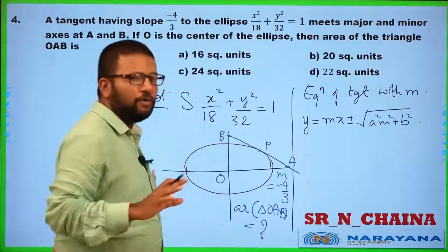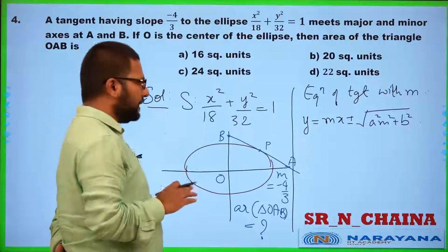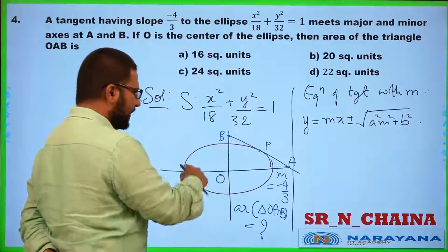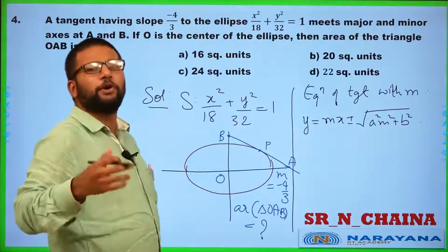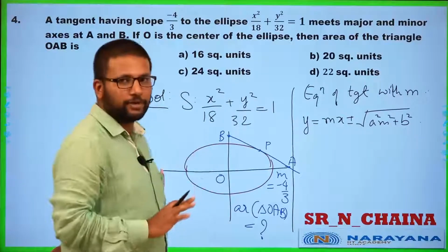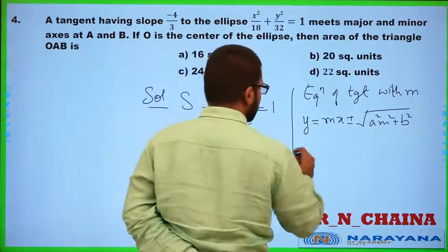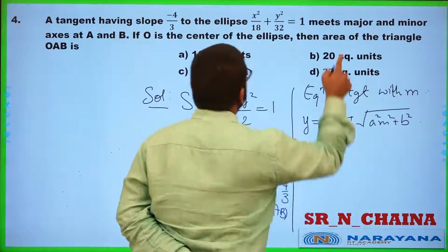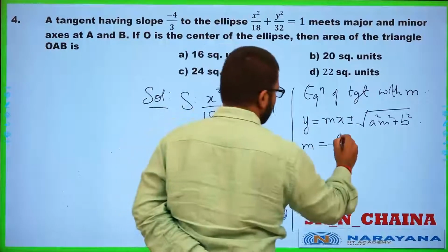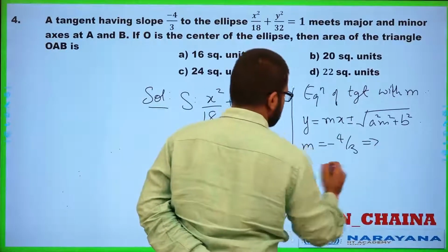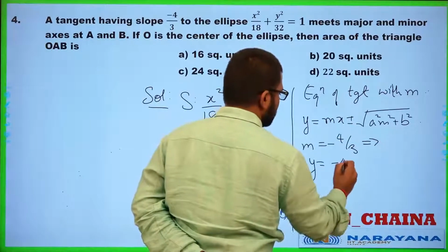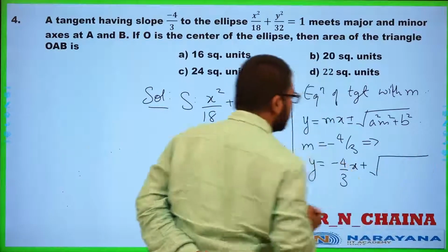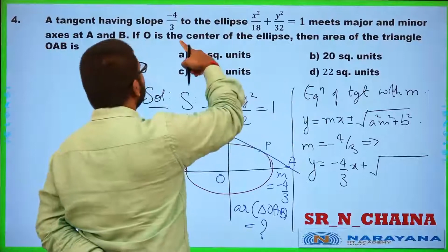Now we will take only plus and not minus, because even if it was the other tangent, the area is going to be the same. Out of pure symmetry, let us take plus only. So m equal to minus 4 by 3 implies y equal to minus 4 by 3 x plus root of a square m square plus b square.